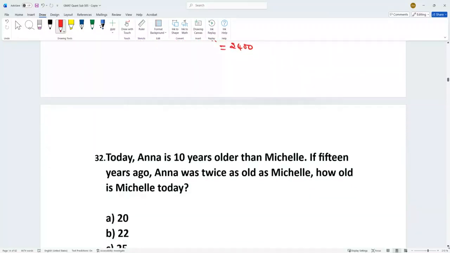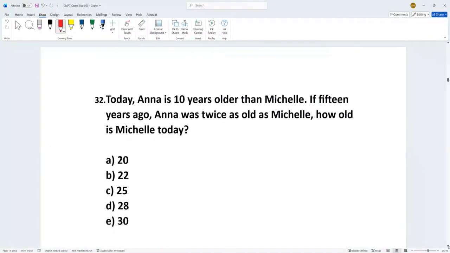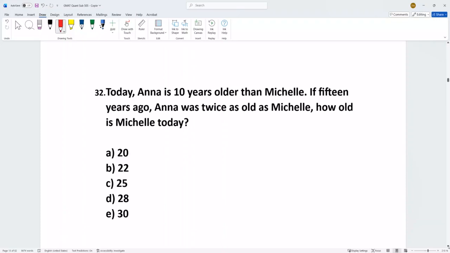let's go to question number 32. So it says, today, Anna is 10 years older than Michelle. So let's say today, Anna's age, we're going to call it A. Okay, A is Anna's age today.